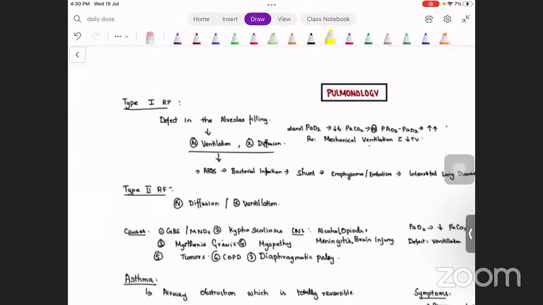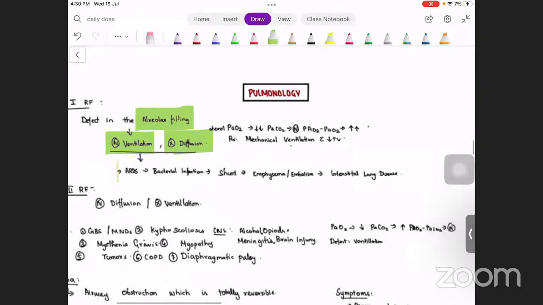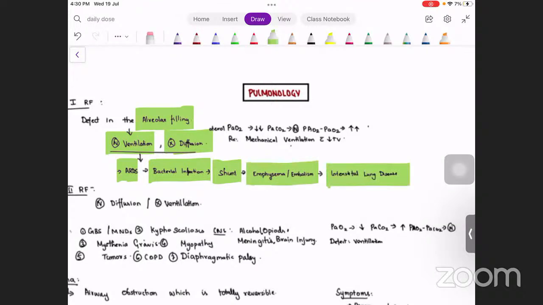Speaking about pulmonology, type 1 respiratory failure is due to a defect in alveolar filling, with normal ventilation and abnormal diffusion. The causes could be ARDS, bacterial infection, shunt, emphysema or embolism, and interstitial lung disease.